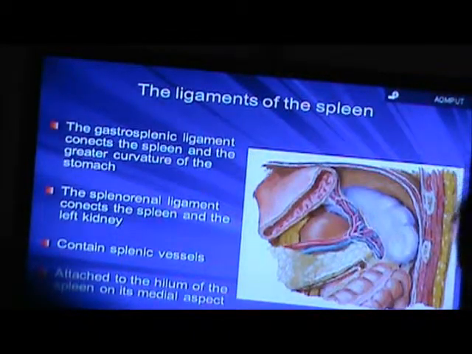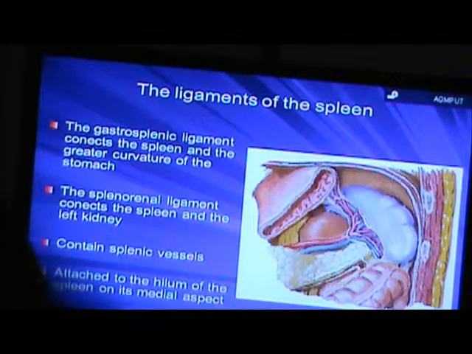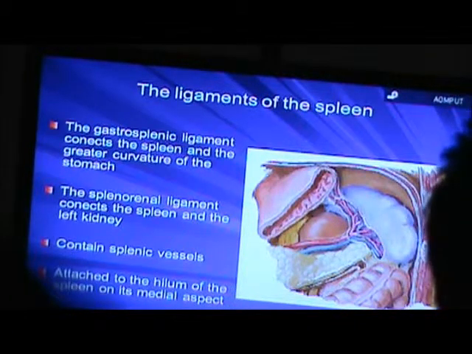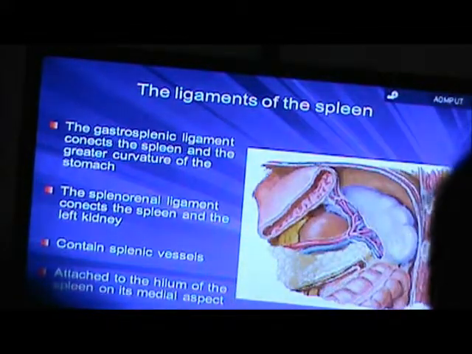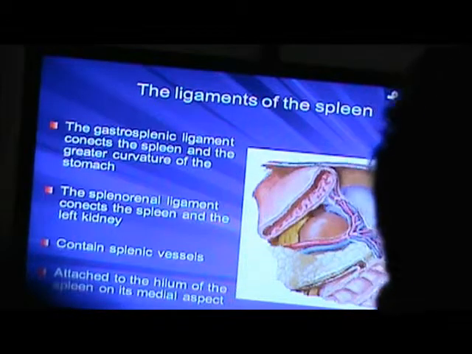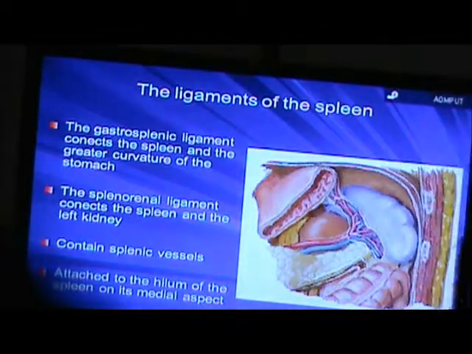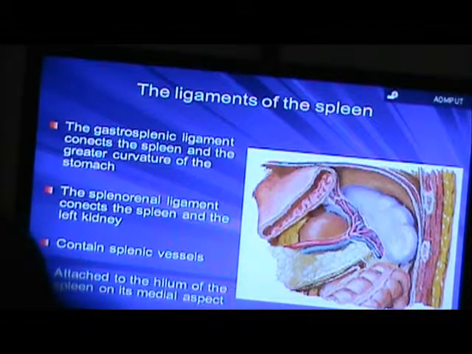The spleen is connected with the organs by the gastrosplenic ligament, so from the greater curvature of the stomach passes the ligament which connects the spleen. The splenorenal ligament connects the spleen and the left kidney.